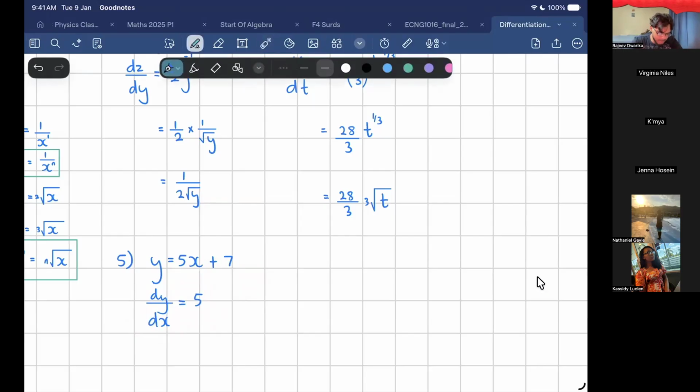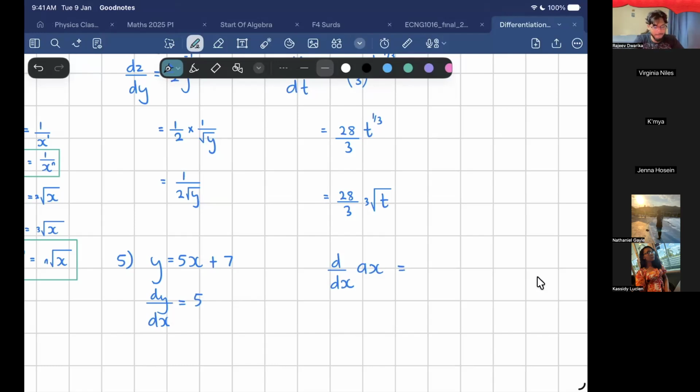So what I'm trying to say is, if you have to differentiate something in the form ax, your answer will always just be what? What do you all think?